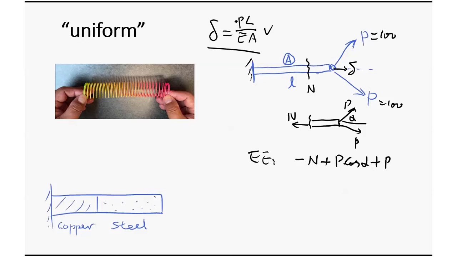And then plus another one, the one at the bottom, P cosine alpha equals 0, right? So you end up with N equals 2P cosine alpha. So the force in the bar is not P, it's 2P times cosine alpha, right? So you have to use this N to calculate.